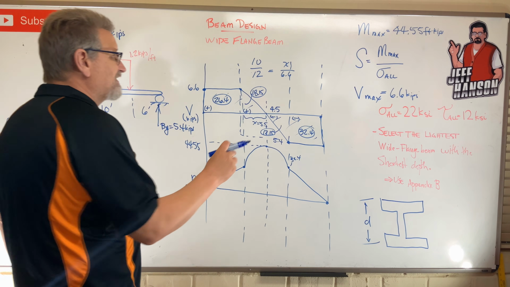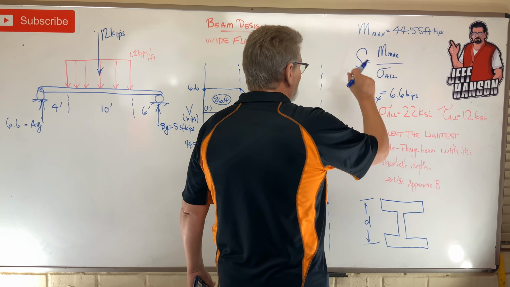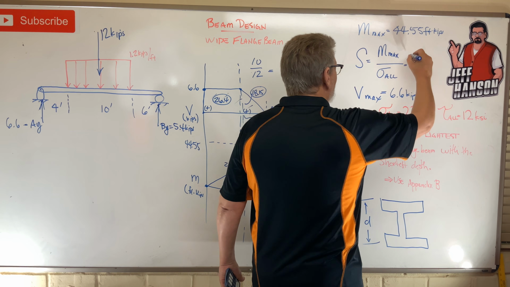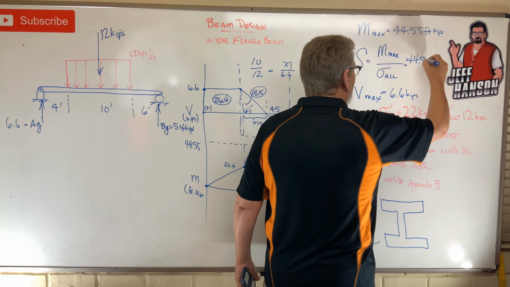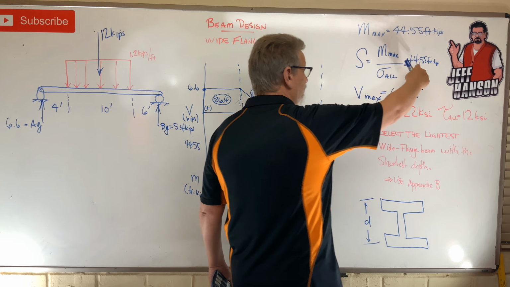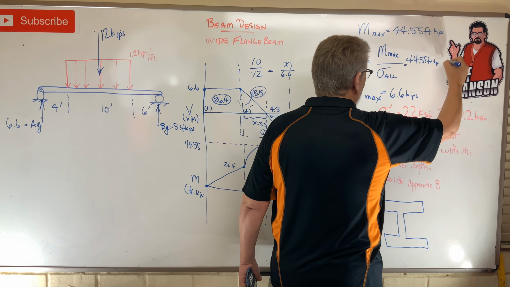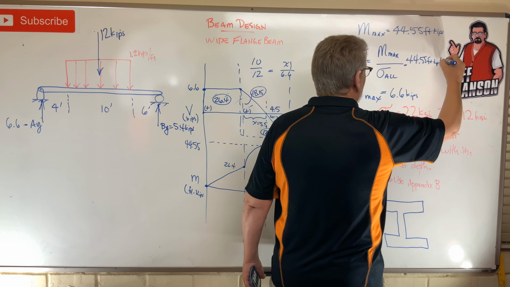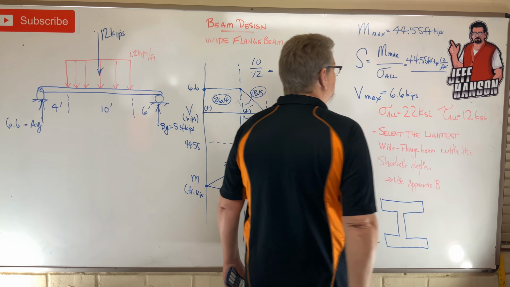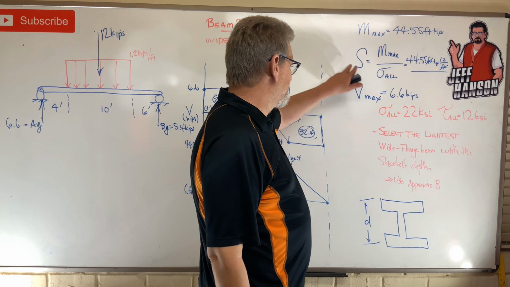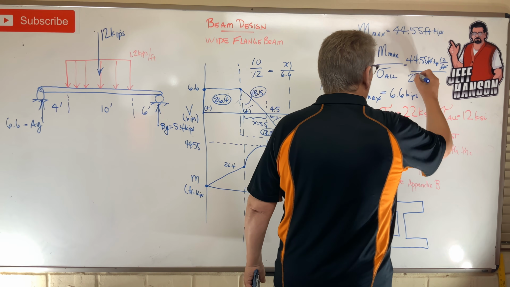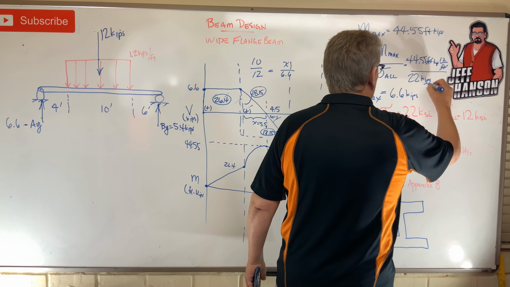So let's calculate this guy right here, S max. S max is equal to M max, which is 44.55 foot kips. That's in feet, and I want them in inches. So a foot is 12 inches, right? Now I'm in inches. Divided by sigma allowable, which is right there, 22 kips per inch squared.